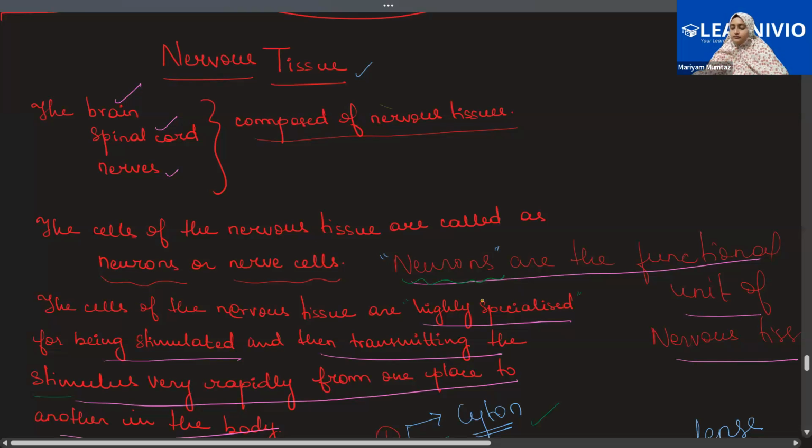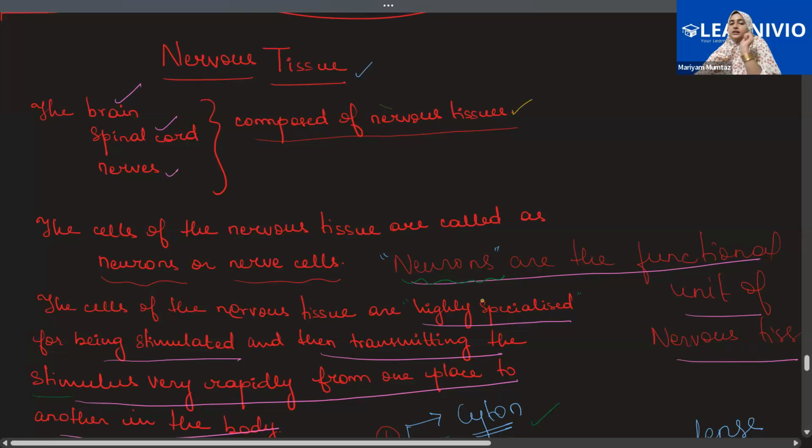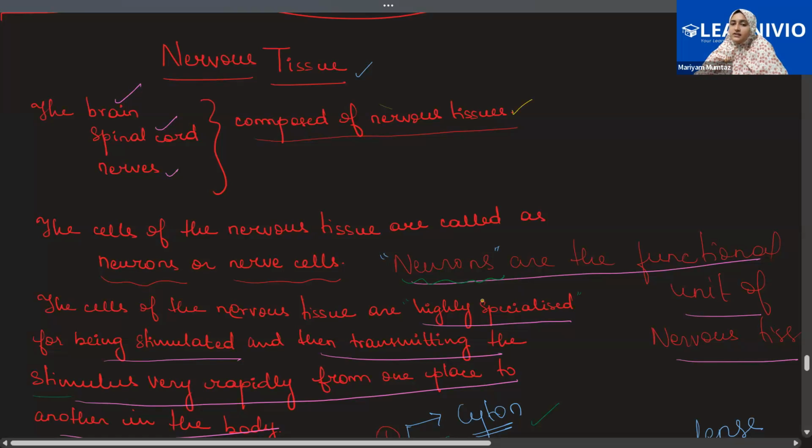Okay. All right. So when we talk about the nervous tissue, the nervous system in our body, such as the brain, the spinal cord, and all the nerves that are associated with it, they are composed of the nervous tissue. Now, one unit of this nervous tissue is the neuron.